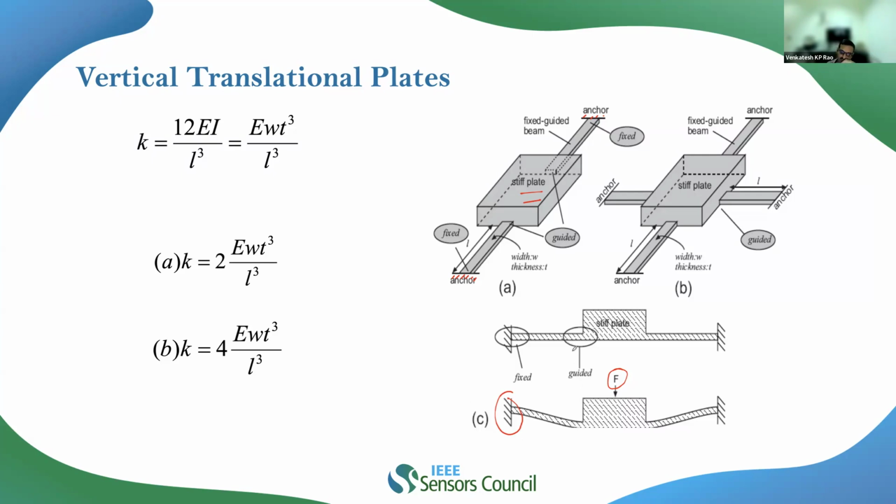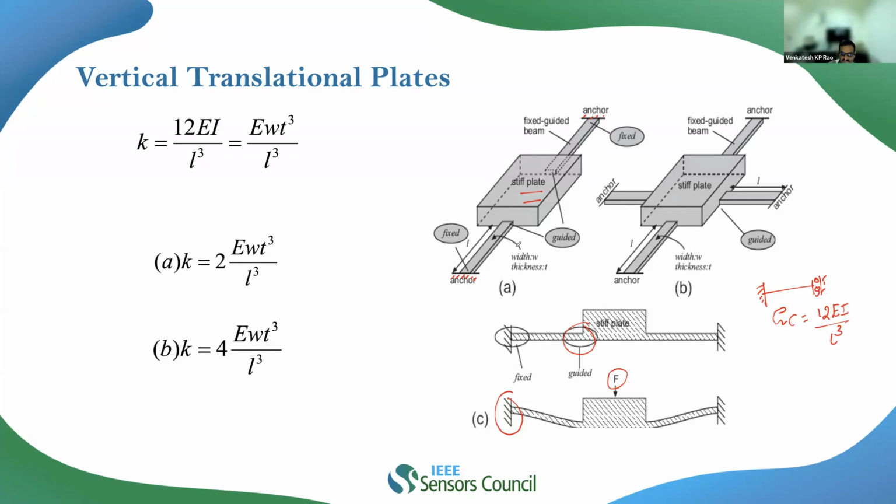That's why it comes out to be a guided support at this end. So one end is a fixed end and the other is a guided support. This will be a case of a guided cantilever. For a guided cantilever, we have already obtained the stiffness to be 12 EI over L cube.